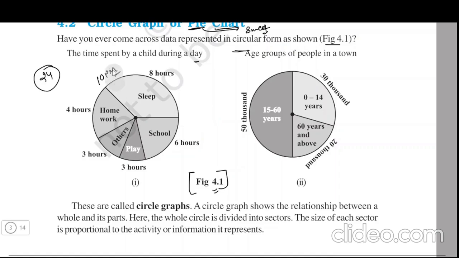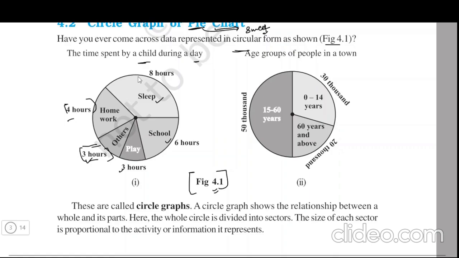Simply we will keep it at a basic level. So in our daily routine we give 8 hours to sleep, 6 hours to school, 3 hours to playtime, 3 hours to other activities like going to the washroom, bathing, cleaning, etc., and 4 hours for homework. So this is the basic division of the routine of a child.